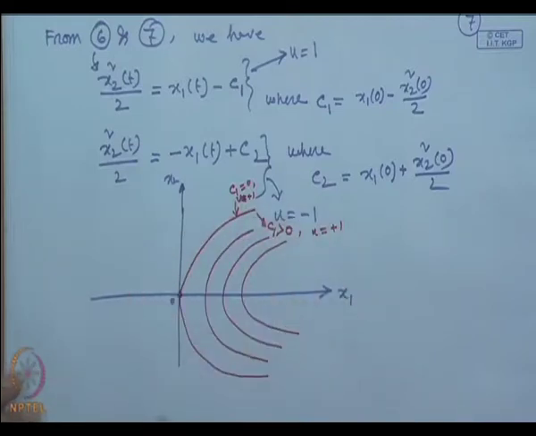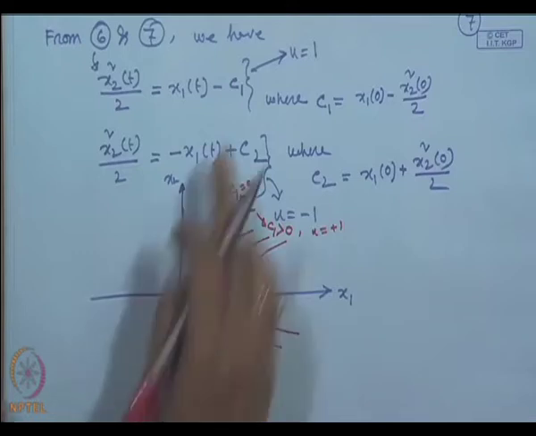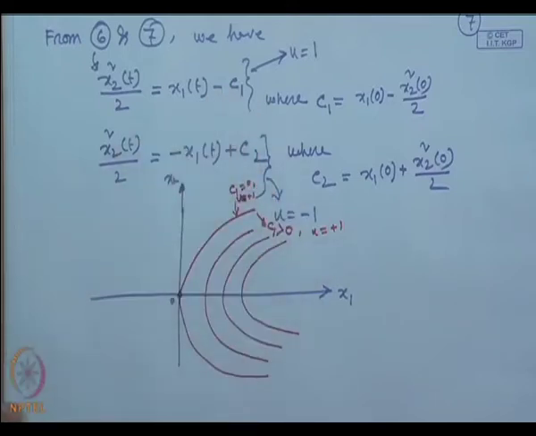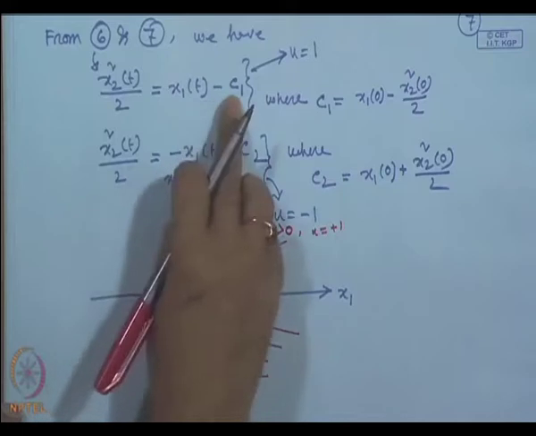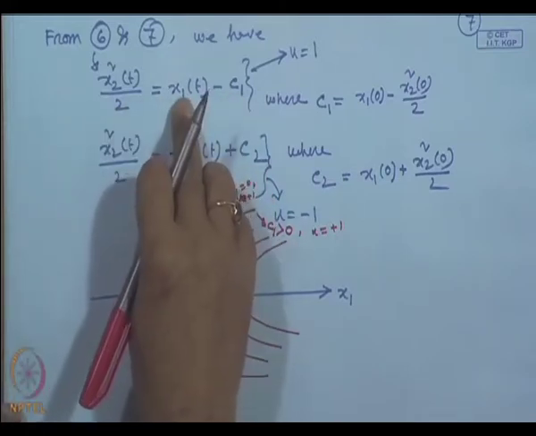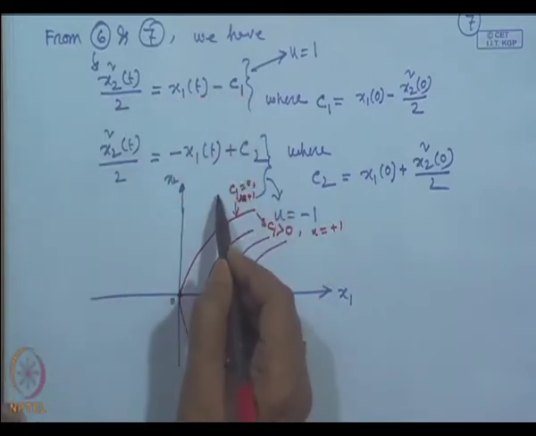Now, C1 less than 0 means if you put it on that side, it will look like this.